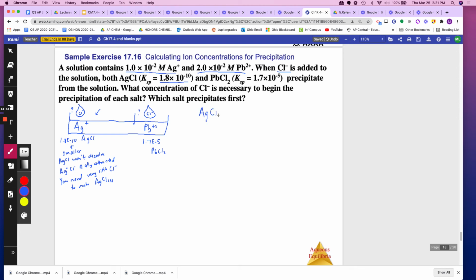You have to think about the equilibrium of that, Ag plus and Cl minus. So the KSP of this is Ag plus times Cl minus, which is 1.8 e negative 10, is equal to Ag plus, which is right here. They gave it to you. 1.0 e negative 2 molar.